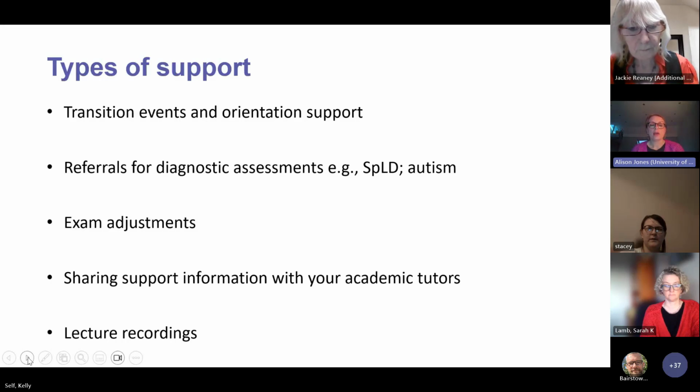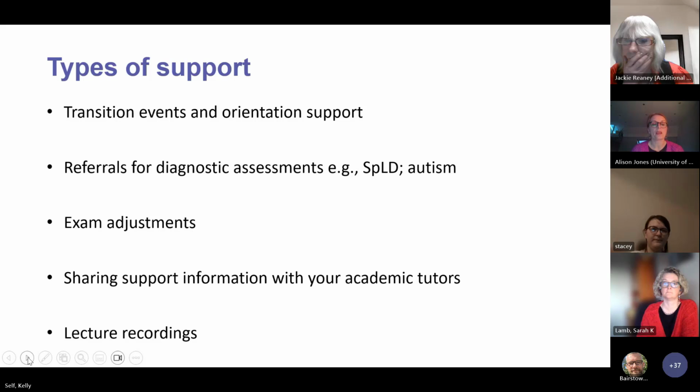There will be a way that the disability service can share support information with the academic department, which is really important because that's the way that we can confirm with departments that a student is eligible for individual support. It also enables the disability service to make some recommendations in terms of what that support should look like. We do that with input and consent from the student as well. So they've got control over that process.